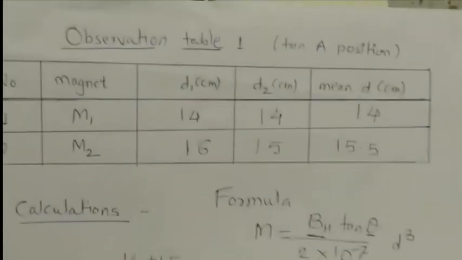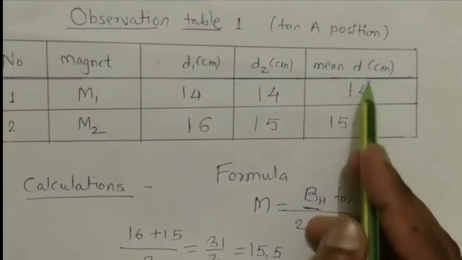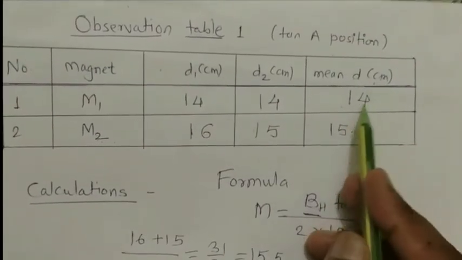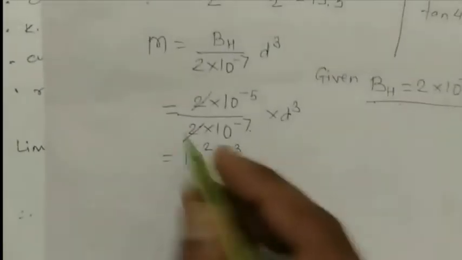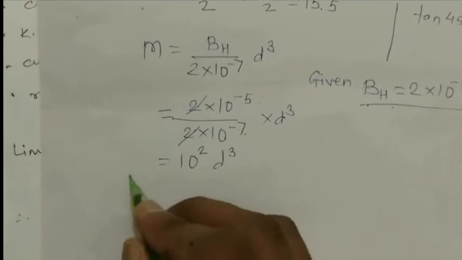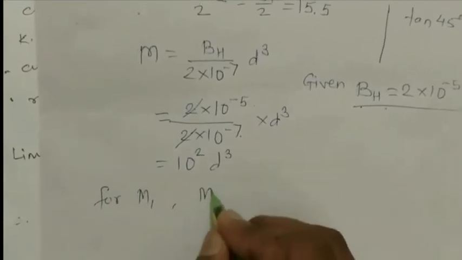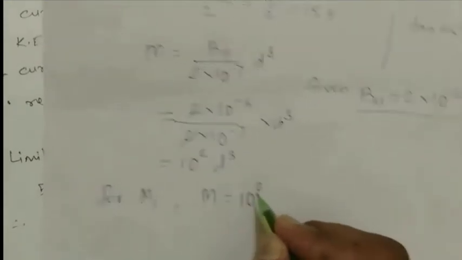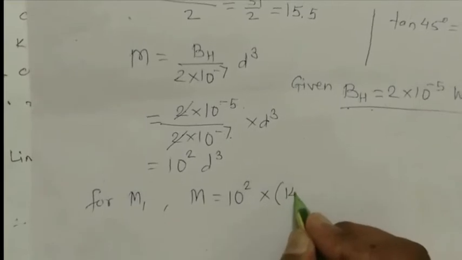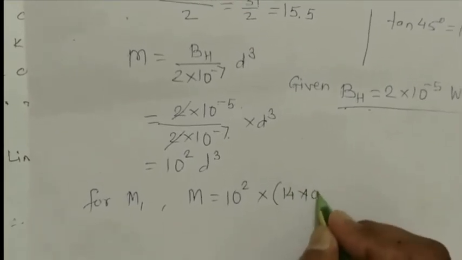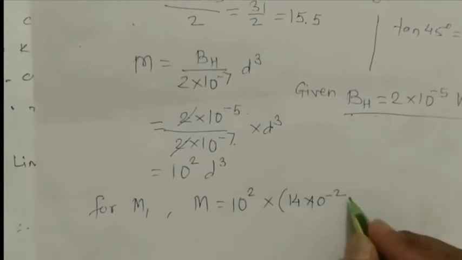Now in the first case we have d equal to 14 centimeter. We have to convert centimeter into meter. So for the first magnet, M1, M is equal to 10 square, that is 100, into d, which is 14 into 10 raised to minus 2, cubed. Why? Because we have converted centimeter to meter.